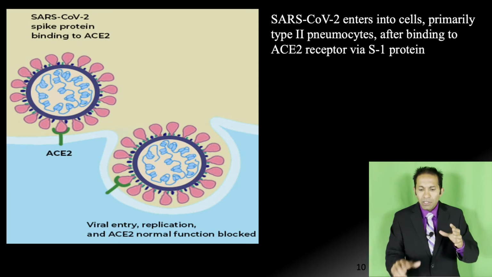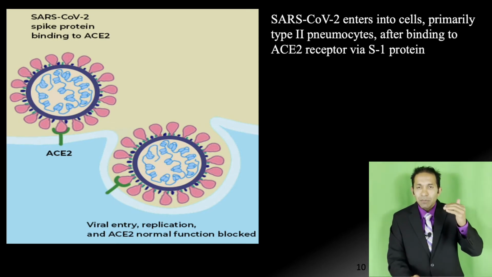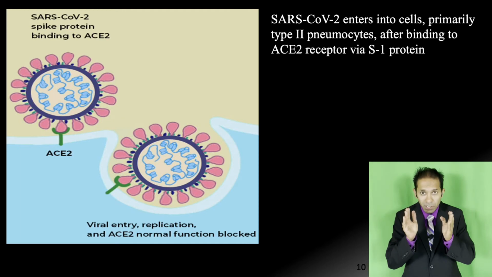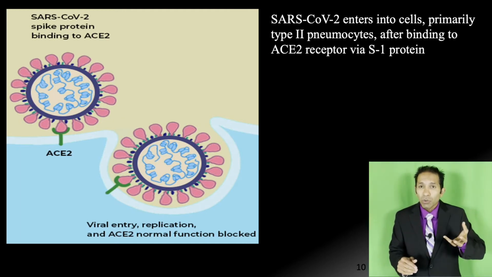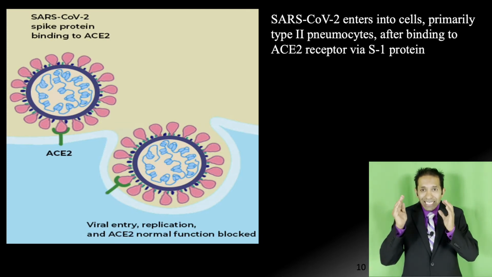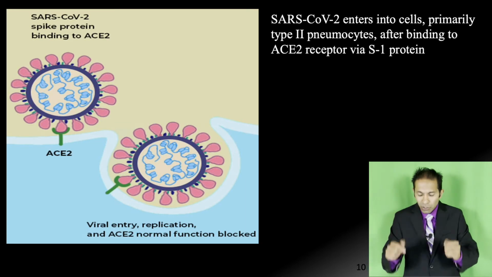So let's go to the next slide and talk about how SARS-CoV-2 enters human cells. SARS-CoV-2 enters into cells by binding with type 2 pneumocytes, after binding to ACE2 receptor via S1 protein. So we have ACE2 receptors in our alveoli, and the SARS-CoV-2 S1 unit binds with these receptors and enters into human cells.